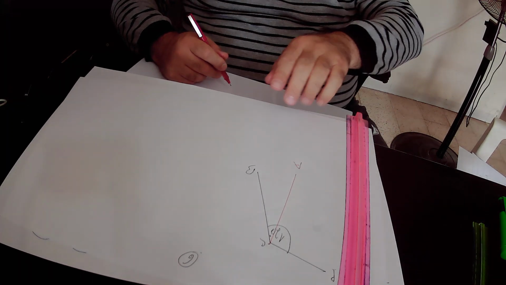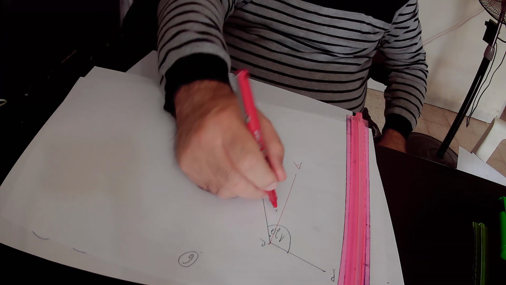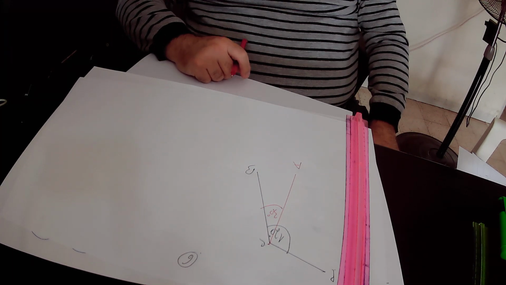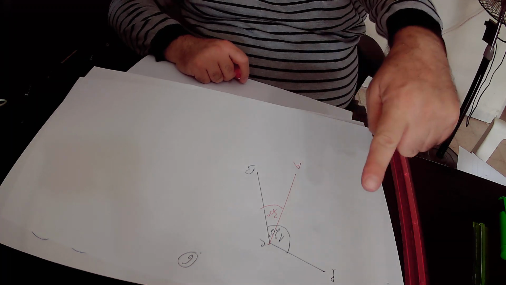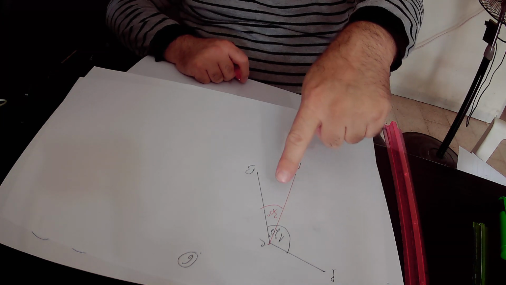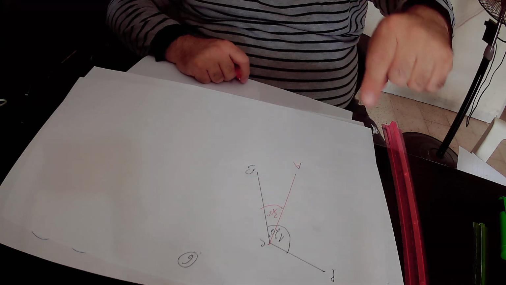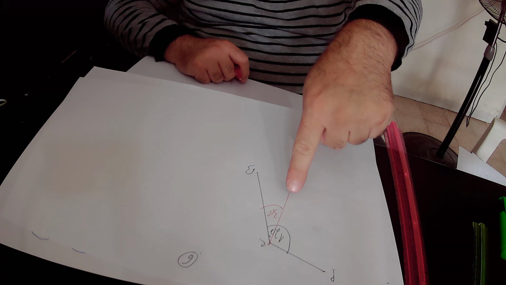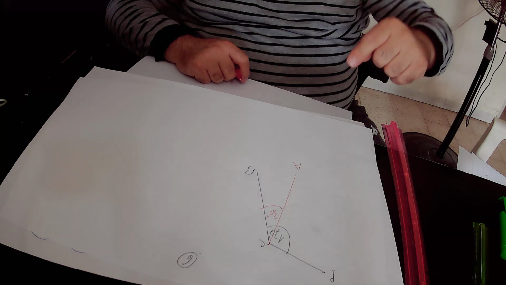Therefore this angle PCA will be equal to the big angle, angle PCB, minus the small angle, angle ACB, will give us the missing angle, angle PCA.